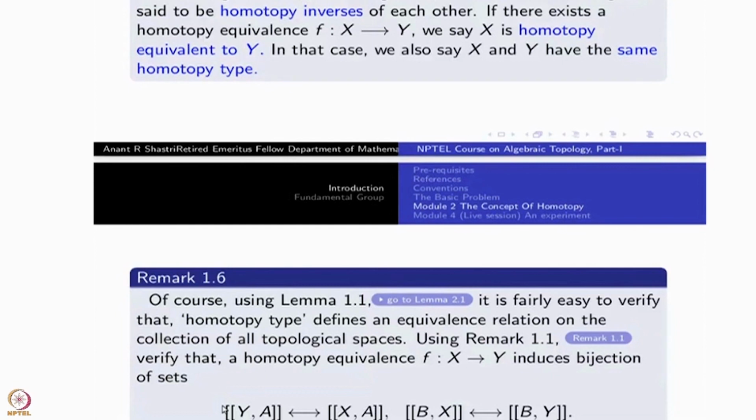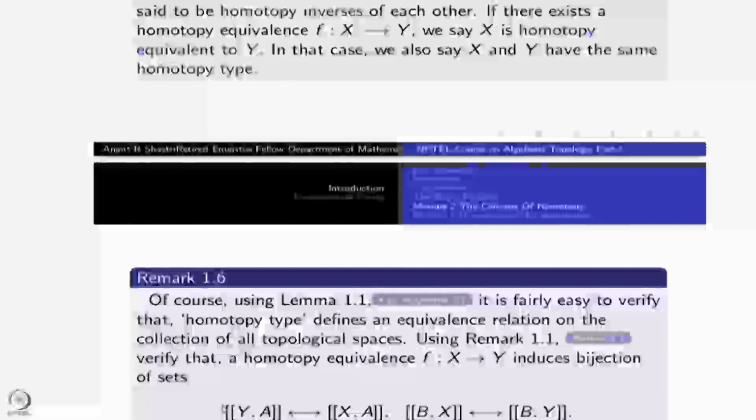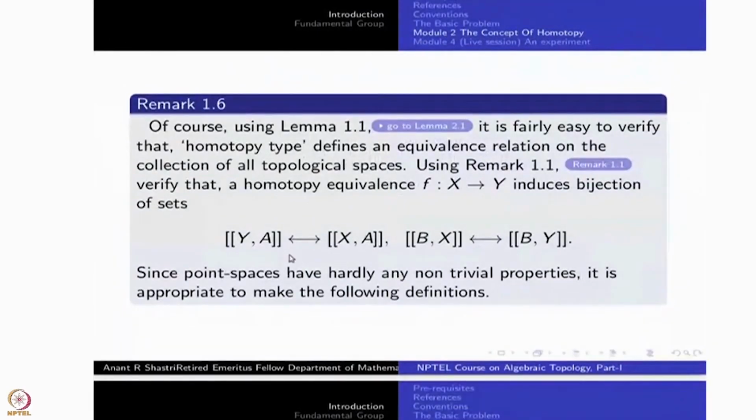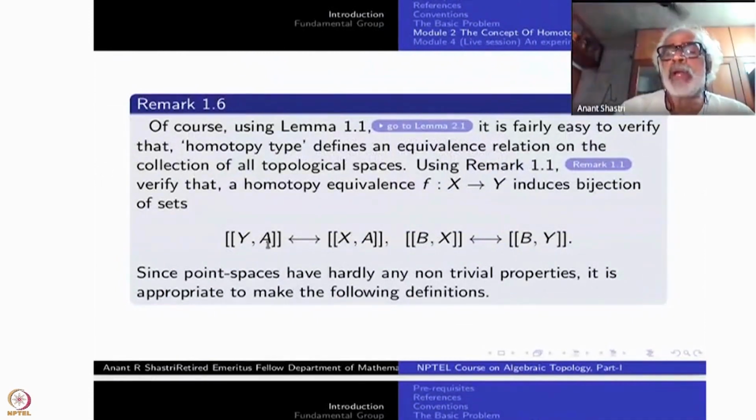Therefore, we can give equivalence classes. Each class is a homotopy type. Once you have that, suppose X and Y are homotopy equivalent, then for every space A, the set of homotopy classes of maps from Y to A and from X to A will be in bijection. So this is also a consequence of Lemma 1.1.